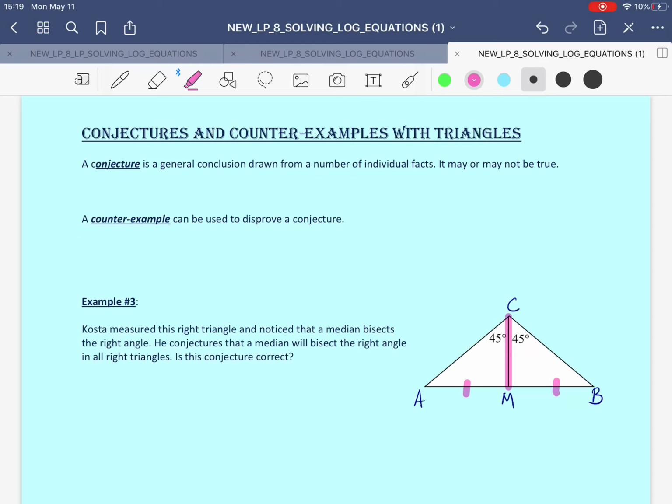And we are told that in this specific triangle, the angles that are formed here, at the right angle here, are equal to each other. They're each 45 degrees. So now we're thinking, okay, does that happen in all right angle triangles? So the conjecture is a median will bisect the right angle in all right angle triangles. That's the conjecture.